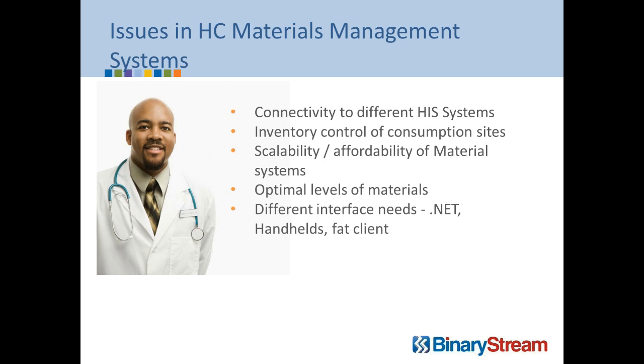So what are some of the contemporary issues that are going on with materials management systems in healthcare? Well, as always, for people that have been in healthcare for a while, you'll know that there are many, many disparate systems within a hospital. There are clinical systems, OR systems, pharmacy systems, lab systems. There's the ERP piece that we know, the billing system.